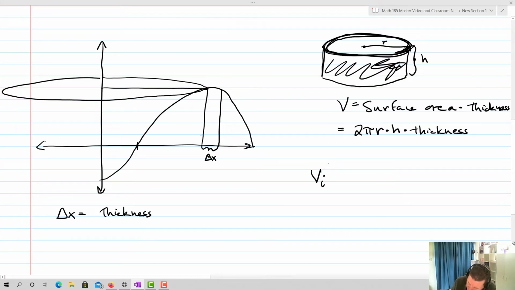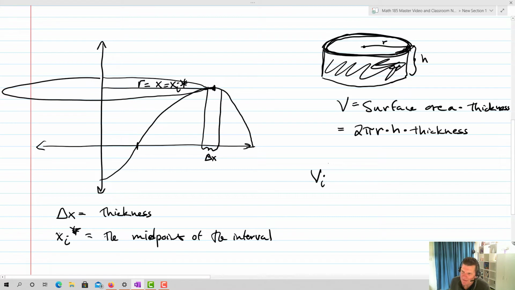So that radius will equal some value of x, and we're going to call this x i star. x i star is the midpoint of the interval, which gives us an average size for our thickness, a good estimate for V i star. So r, my radius, is going to equal x i star.